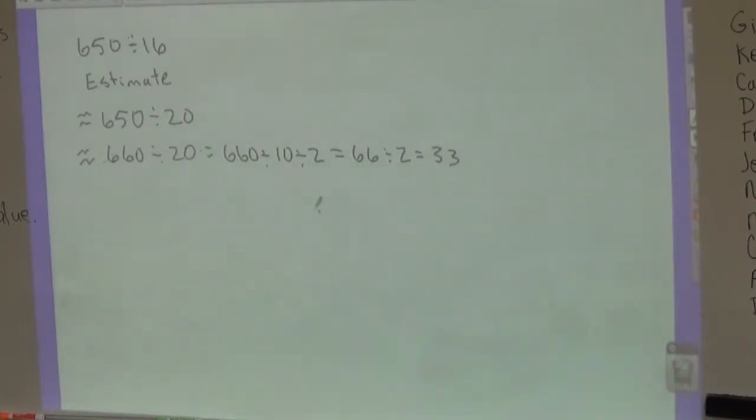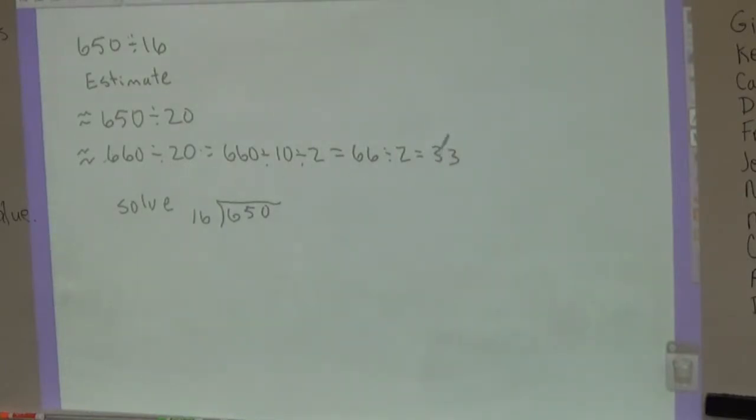So let's go down and do the solve. The solve step for 650 divided by 16. What I did here were both of those estimate steps that I taught you to do yesterday at once. Eventually, you will get to the point where you're working like that.